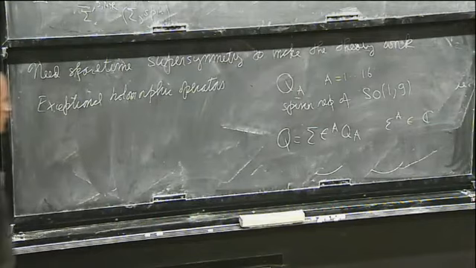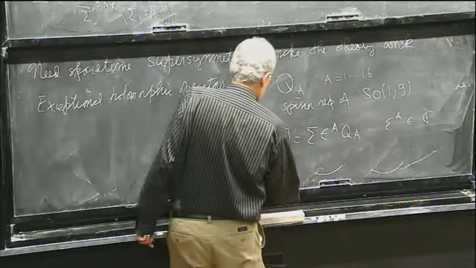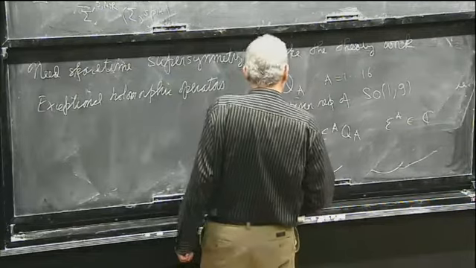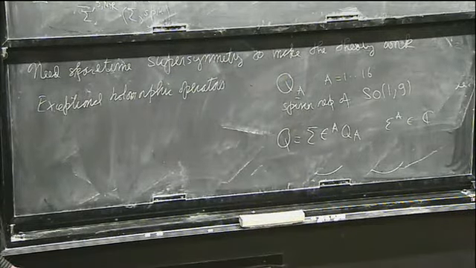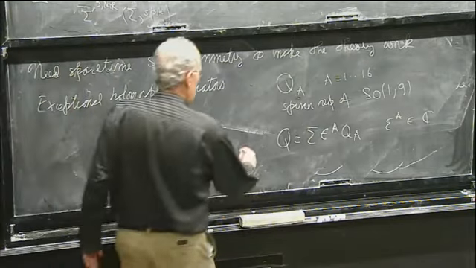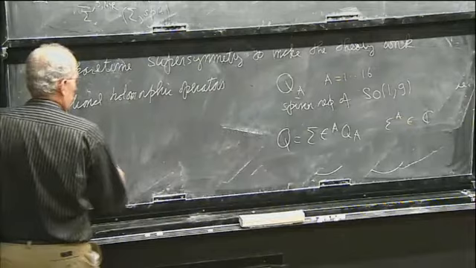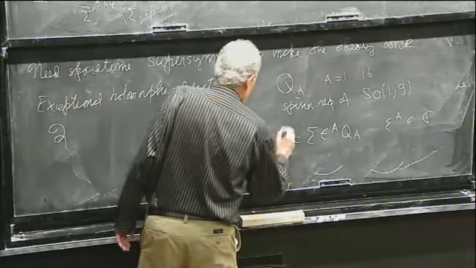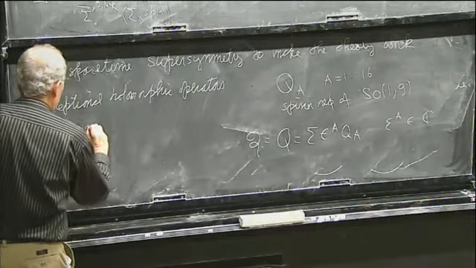This is Ramond only. I'm actually going to write this linear combination with a more fancy symbol that suggests more an operator. So Q is associated to a Ramond puncture.